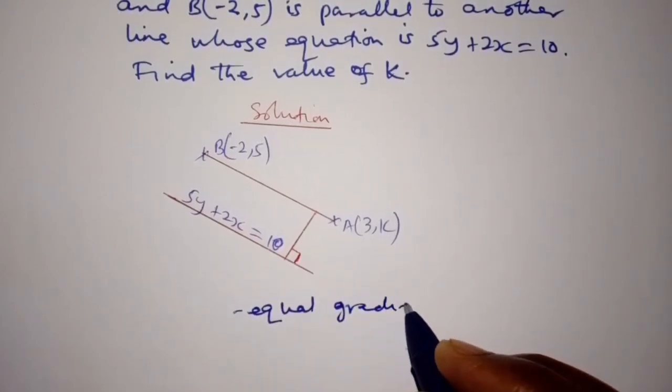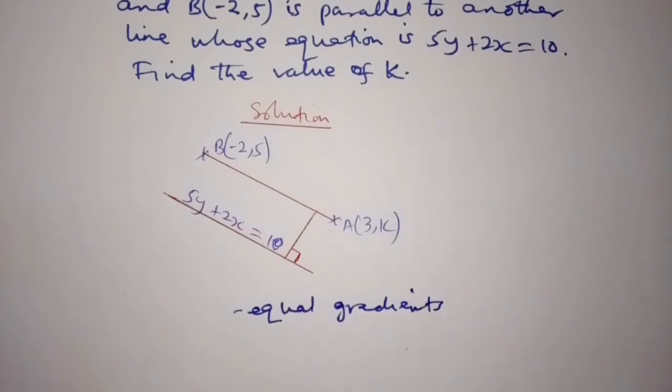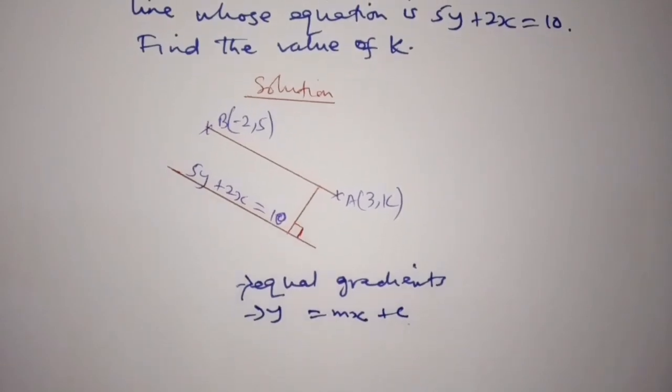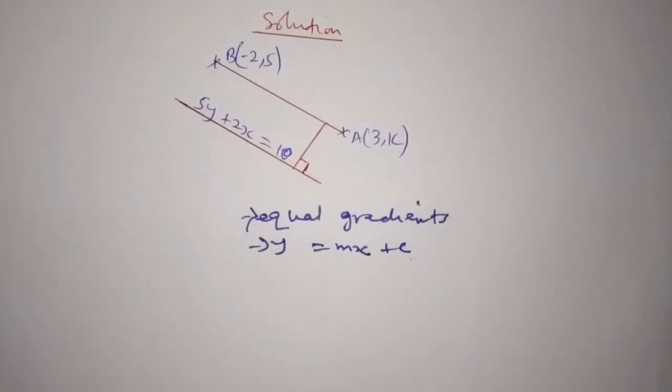The other fact is that we are going to use the linear equation formula for a straight line, that is y is equal to mx plus c, where m is the gradient.